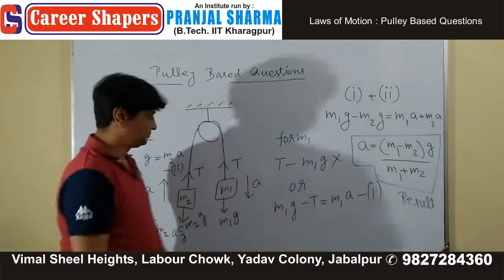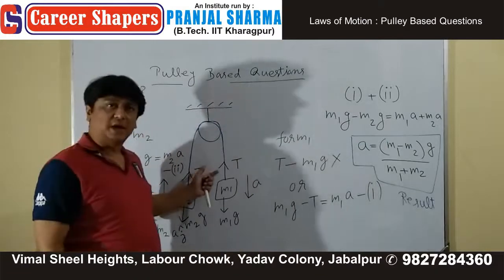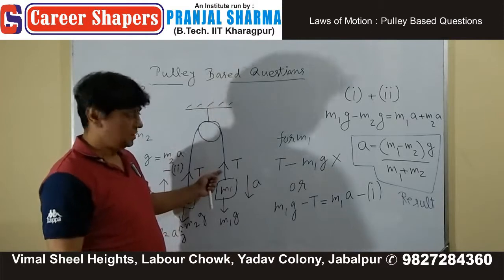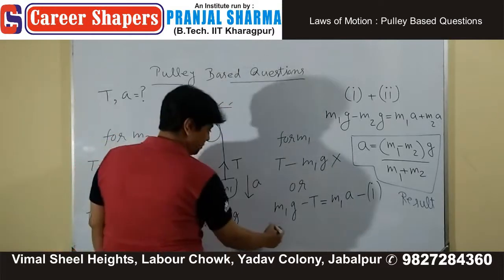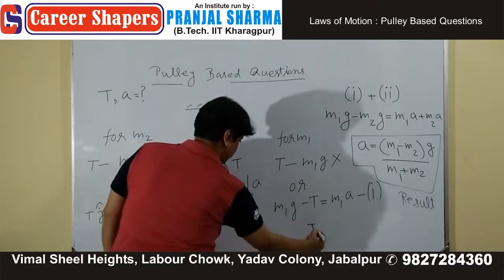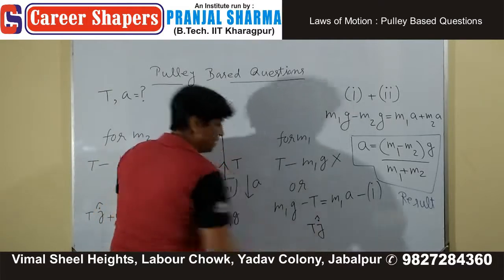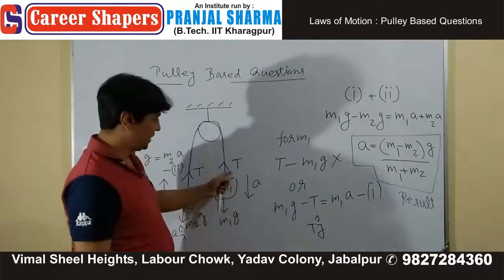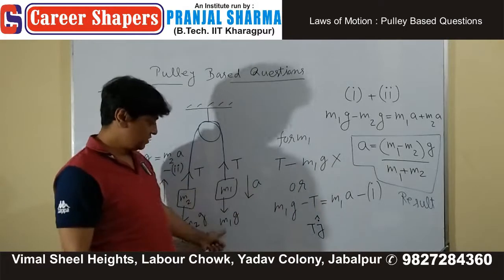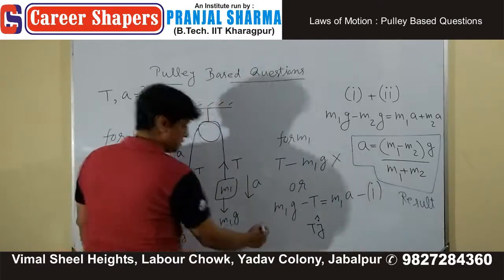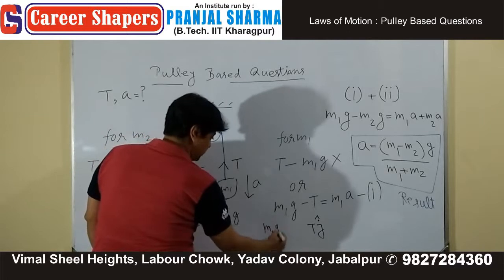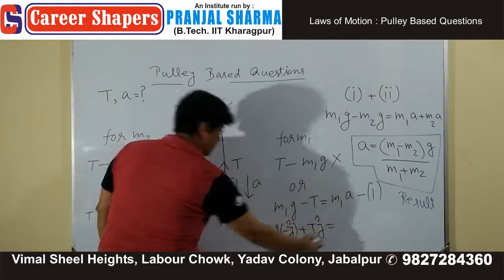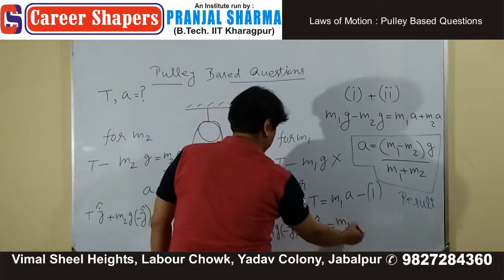Similarly for this one. Which is larger and which is smaller doesn't matter. T is up, so write T J cap. I am intentionally writing T below T so that you can understand things. T is up, J cap. M1G is down, minus of J cap, is equal to mass into acceleration.